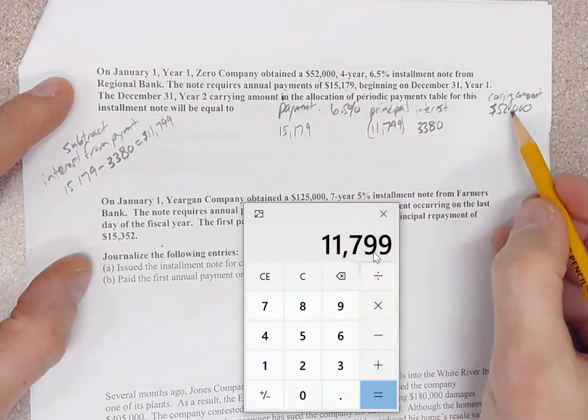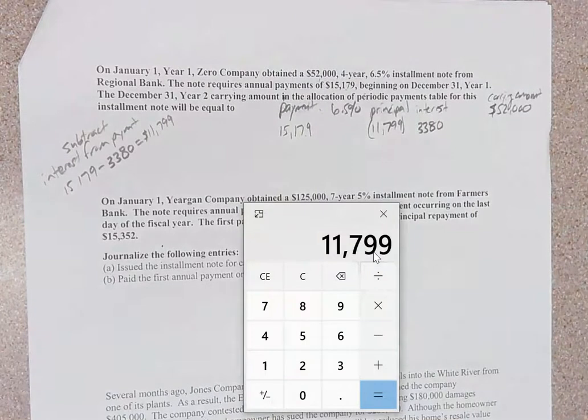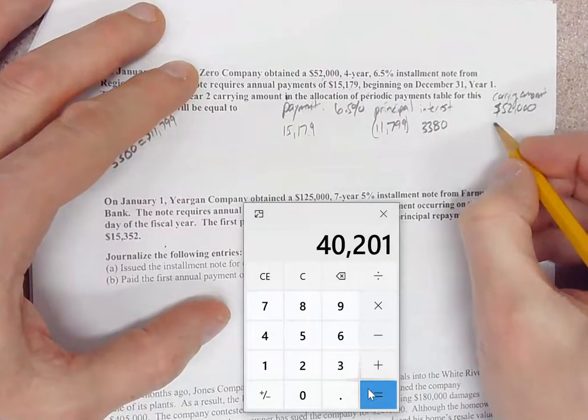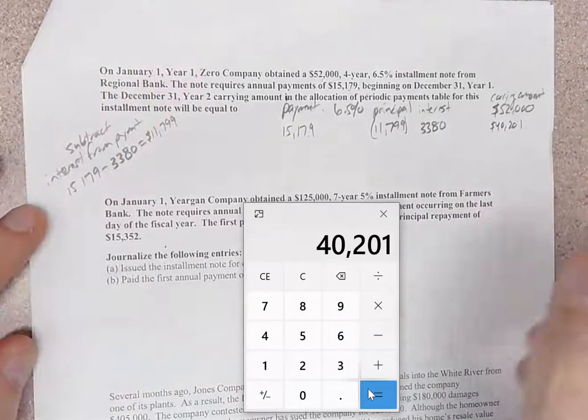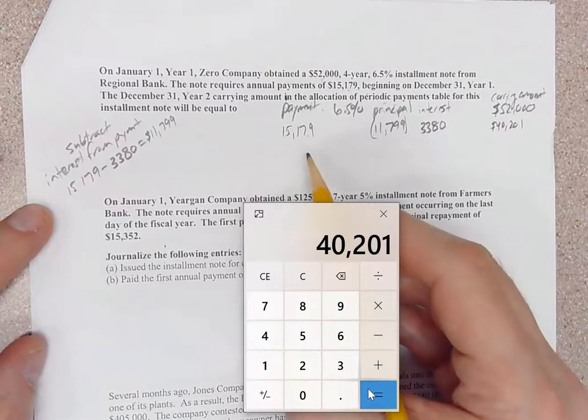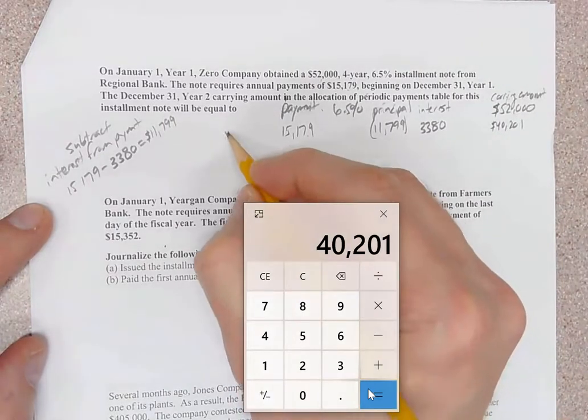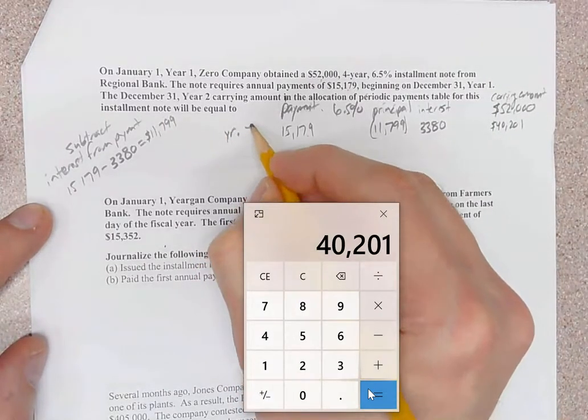So we take 52,000 minus the amount applied to principal, $11,799, $40,201. Okay? And this is going to be for year 1.